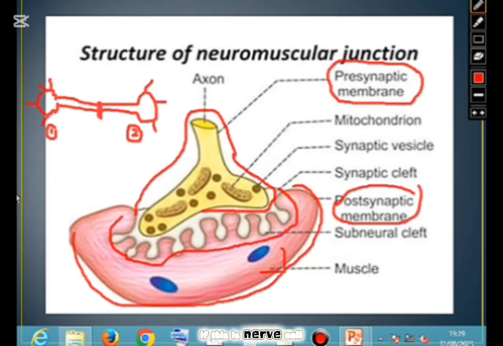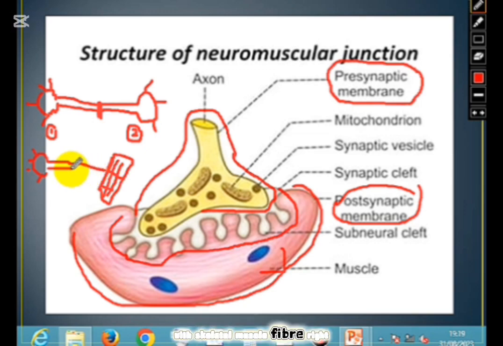It is also the union between a nerve cell and a muscle fiber. If this is nerve cell number 1, and then over here you have a skeletal muscle, then this nerve cell is in anastomosis with the skeletal muscle fiber.